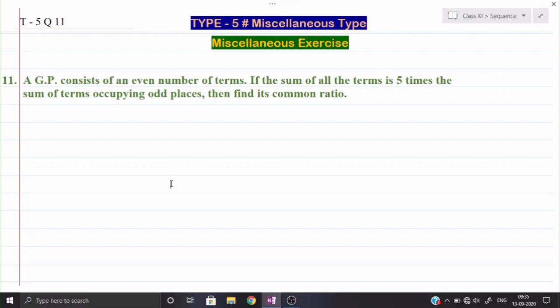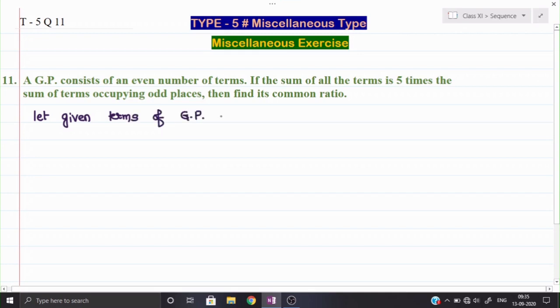So in the solution, first we shall write down, let the given terms of GP be a, ar, ar square, and so on.